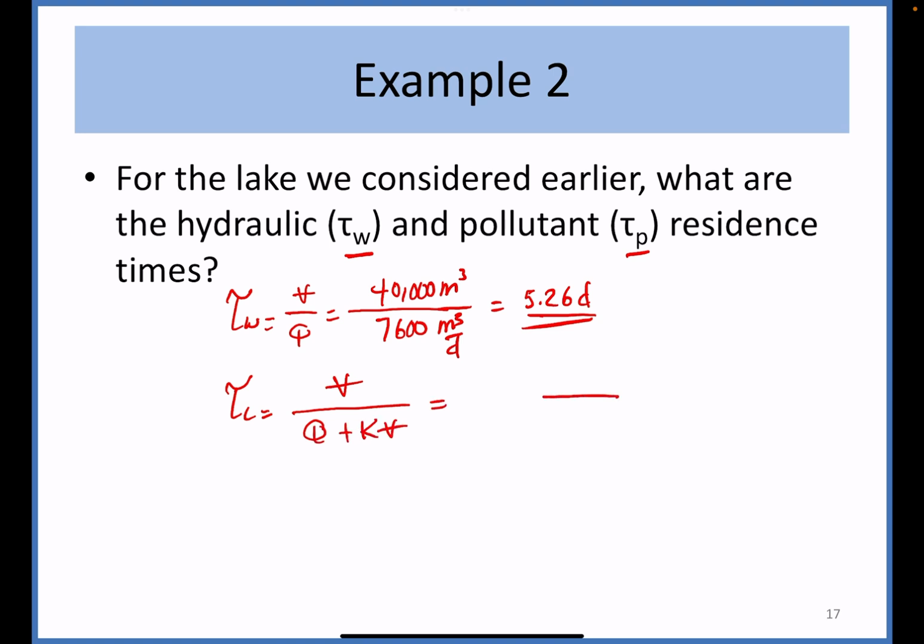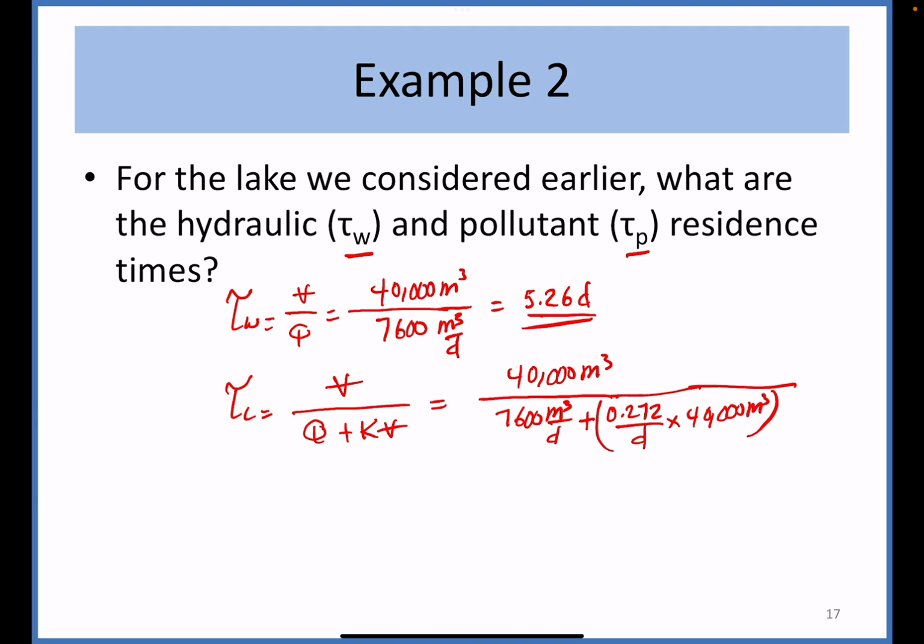The volume given is 40,000, Q is 7,600 meter cubic per day, plus K, we found it to be 0.272 per day, times the volume, which is 40,000.